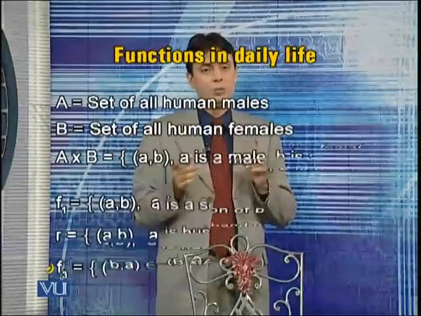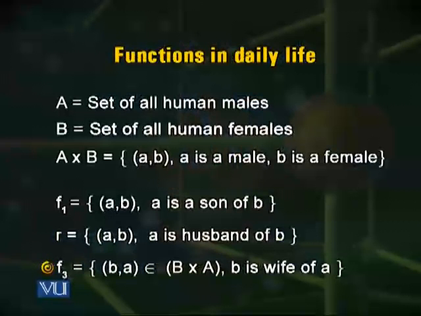But if you look at another Cartesian product where females are the domain and males are the range, then a pair B comma A, where B is the first element, a female, and A is the second element, a male, and B is married to A, then this is a function. Knowing a female, in our society or in any other, uniquely tells you who her husband is. A female cannot have more than one husband.